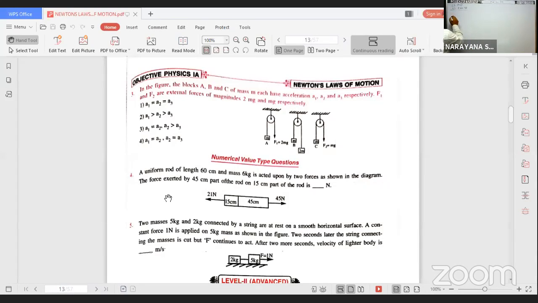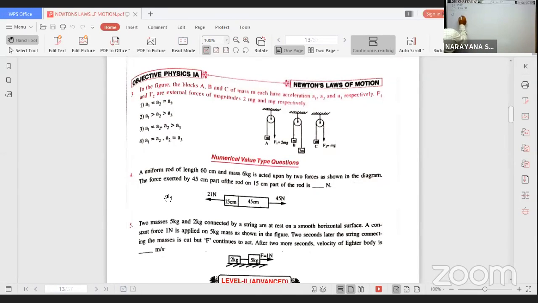I think you had done the third problem previously, not completed. Okay, Likit, you got it?